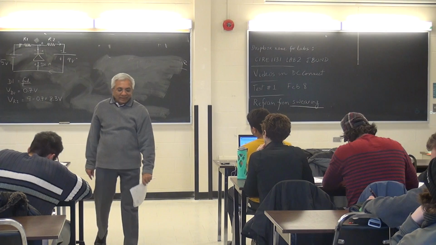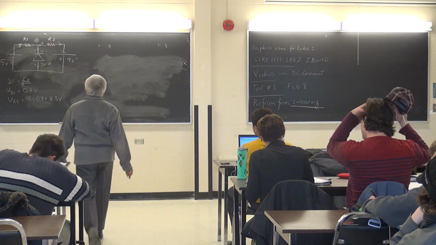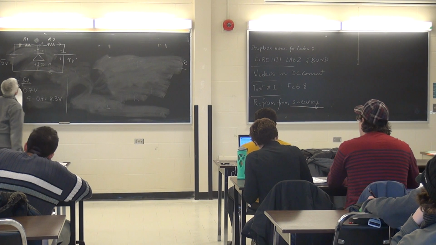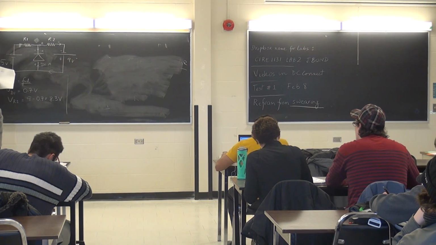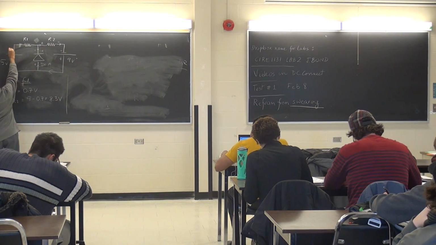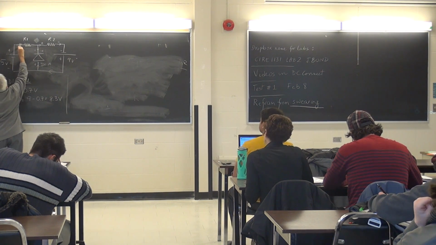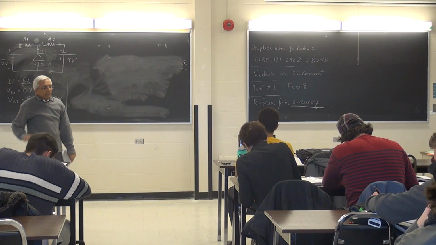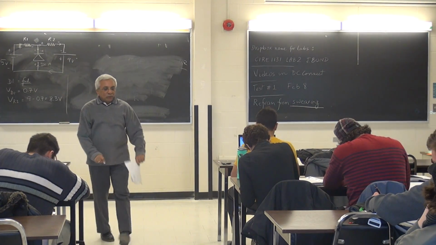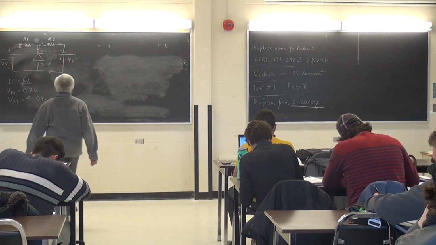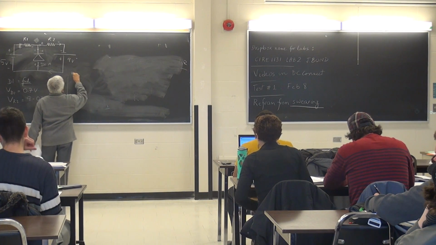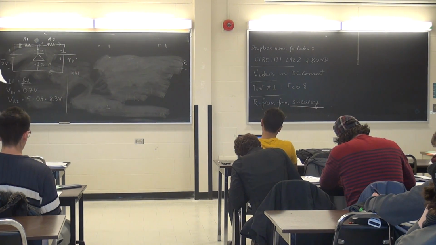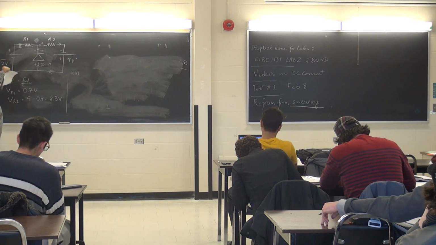Now let's look at the circuit on the left. Here, I've got 5 volts plus minus, and I've got R1 plus minus. So what I'm going to do is use Kirchhoff's voltage law and write the voltages on the left side.